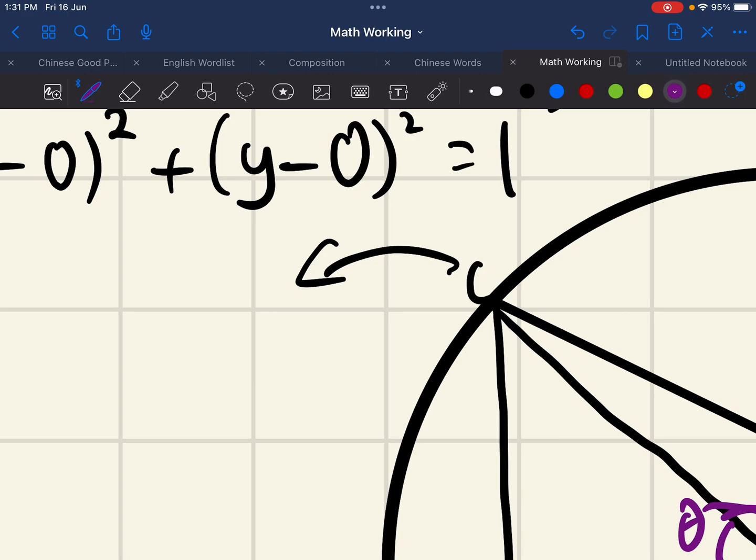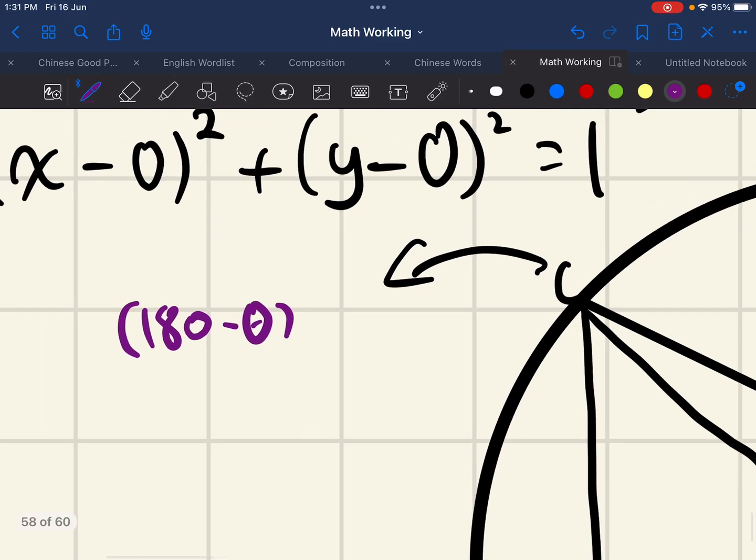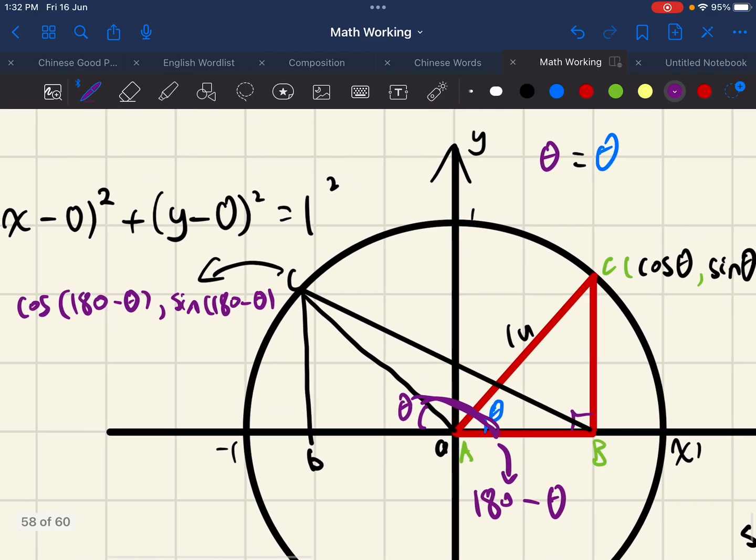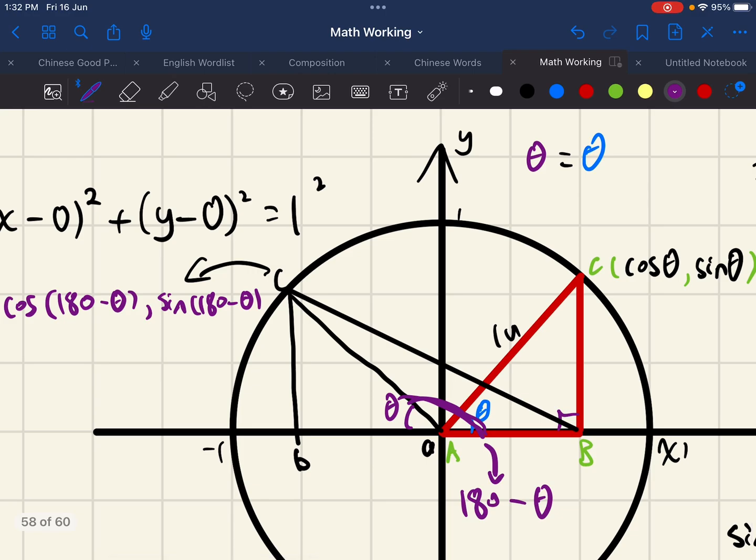Coordinate of C is, I have to cosine 180 minus theta, and sine 180 minus theta. Am I right? Can we see how it works now? Very easy concept. Yeah. Fine.